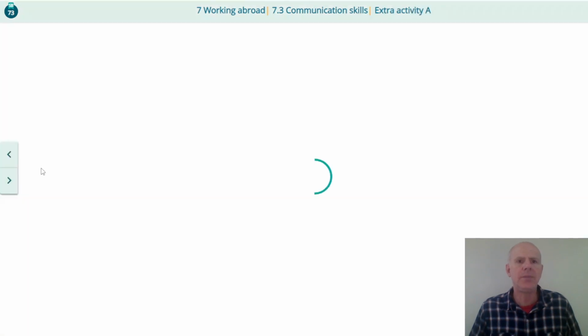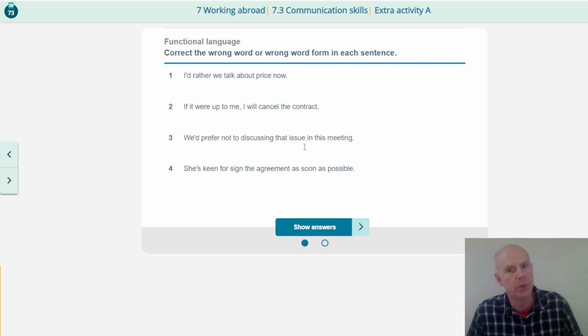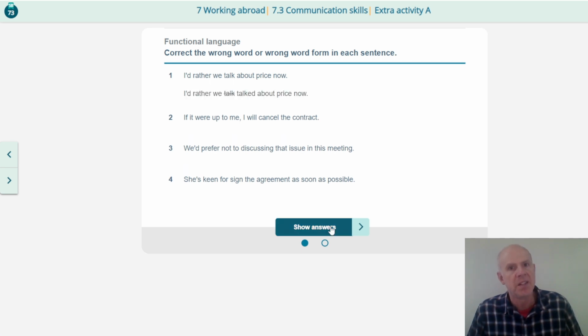And then we have the extra activity here. We should correct the wrong word or wrong word form in each sentence. This is interesting because we have mistakes in all these sentences. Look at the first one. I'd rather we talked about prices now.